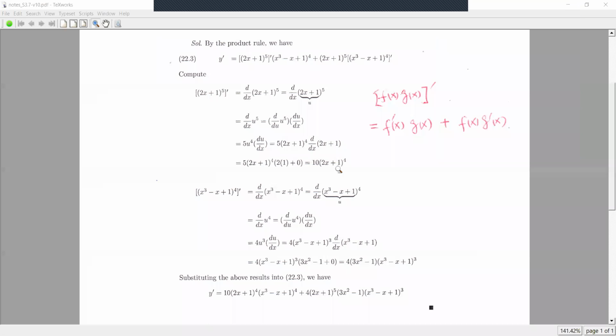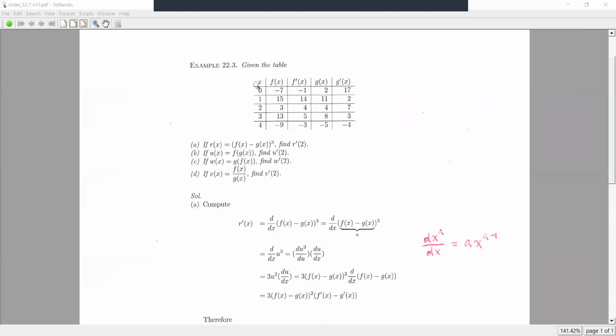Now, plug in this result in this derivative and this result in this derivative. Then the derivative of function y is this polynomial.